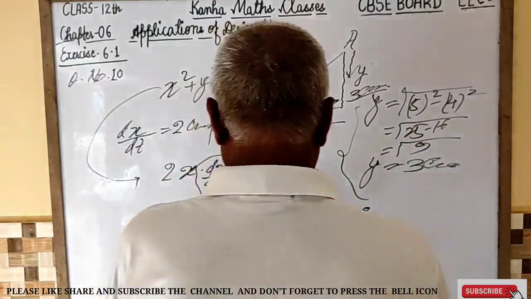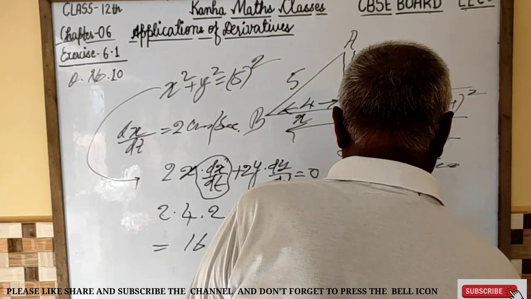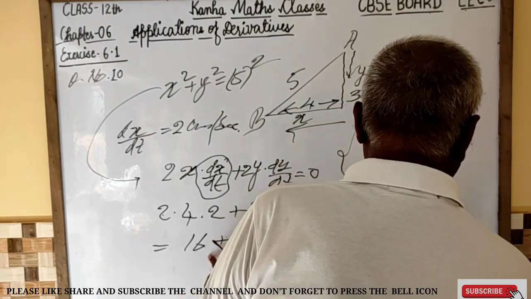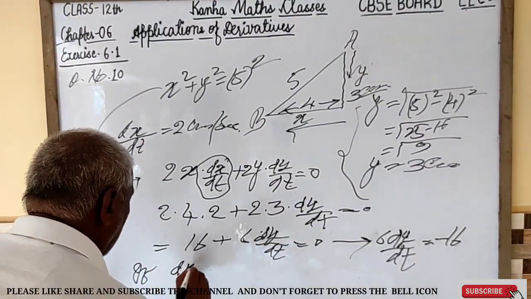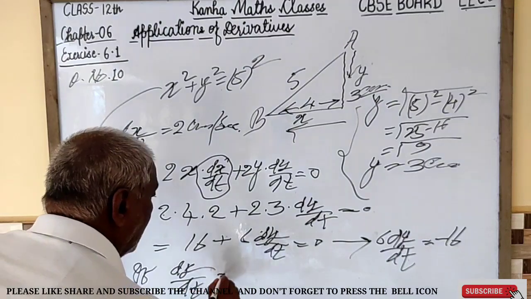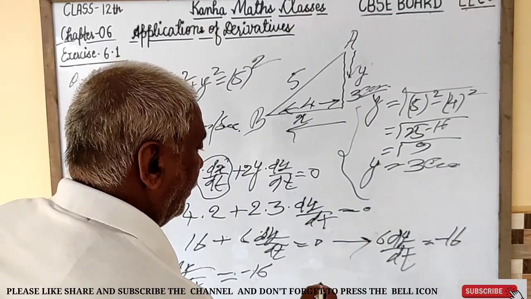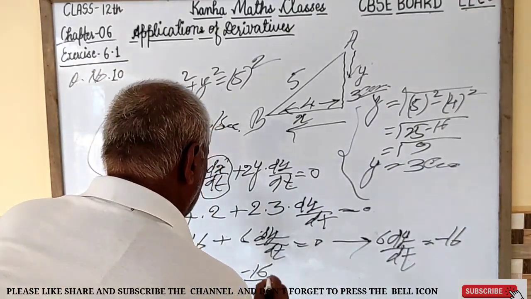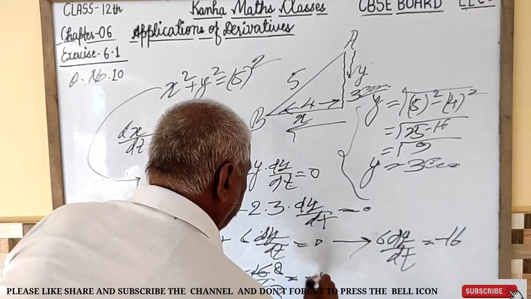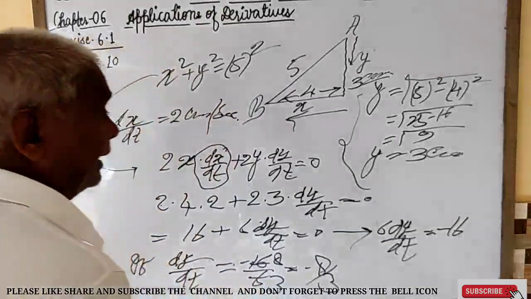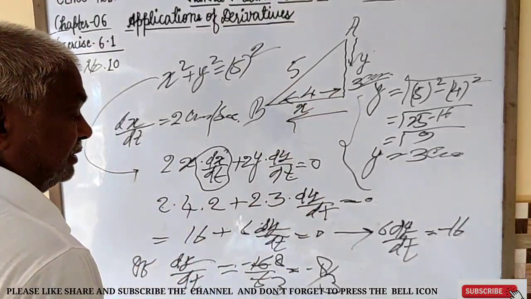Or 6 dy/dt is equal to minus 16, or dy/dt is equal to minus 16 upon 6, 2 eights are 16, 2 threes are 6, minus 8/3. The minus sign here indicates that it is a decrease.